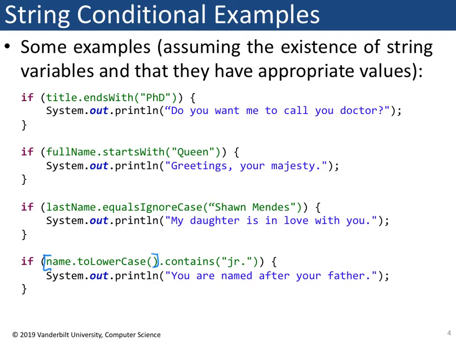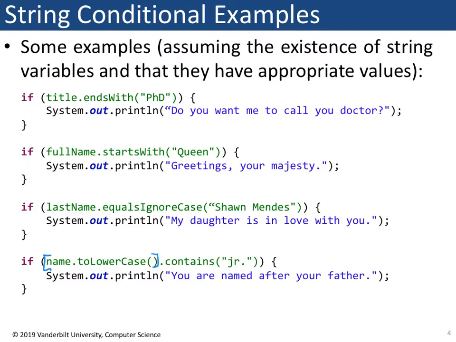Consider why it was necessary to first convert the string to lowercase and then check if the string contained junior. The reason was we couldn't use the ignore case because we didn't want to check if the entire string was equal. We wanted to find out if the string contained a substring anywhere within it.